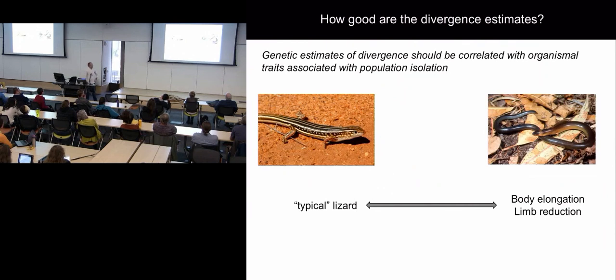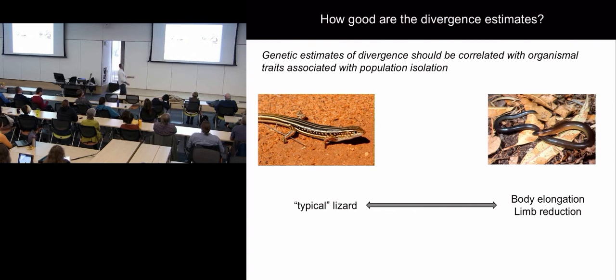Now, if the genetic estimates of divergence that we're going to discuss here are good or useful, we might expect them to correlate with organismal traits associated with population isolation, morphological traits that we think are correlated with divergence.